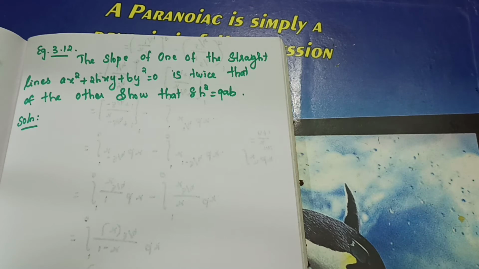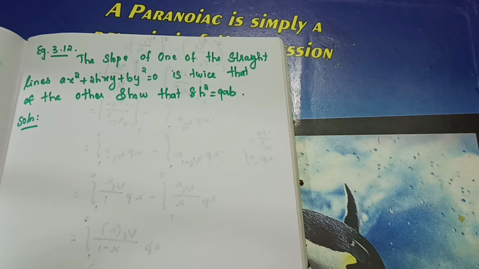What's the formula for product of the slope? a by b. So here one equation is given. From that you find the sum of the slopes and product of the slope. The reason is the question says the slope of one of the straight lines is twice, so they connected with the slope. So if you know the slope means only you can apply the condition one is twice than the other. Is it right? So we need to find m1 and m2 value.